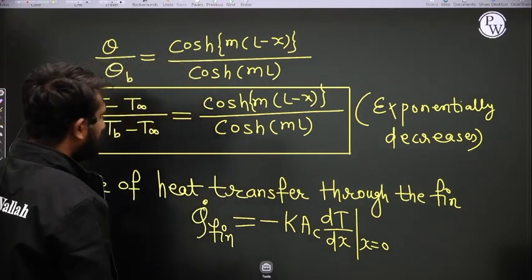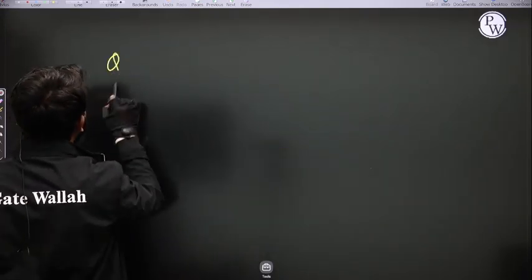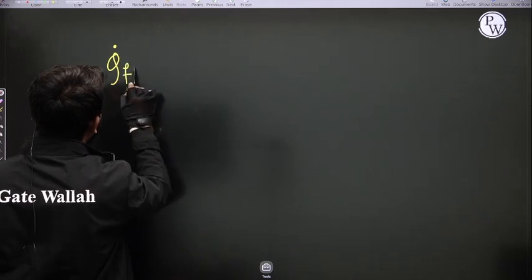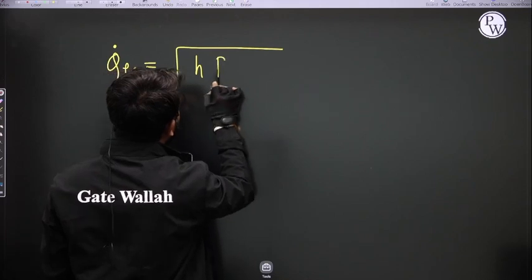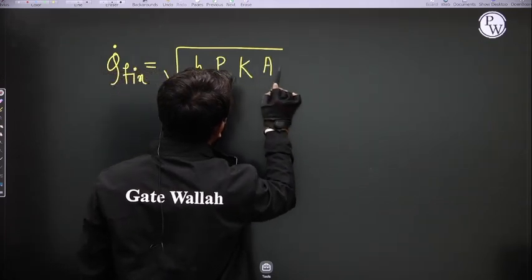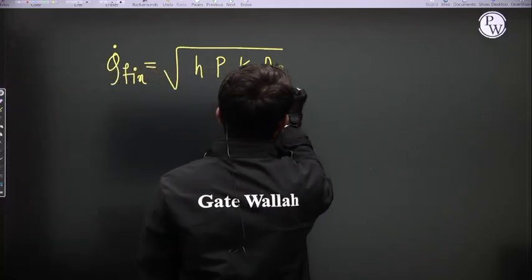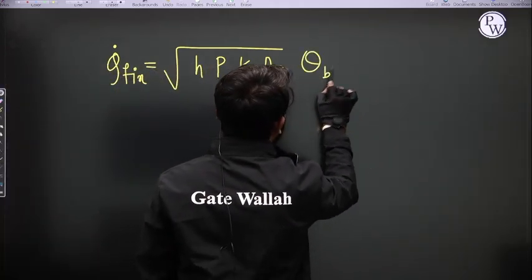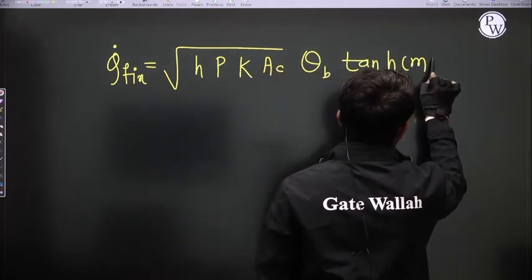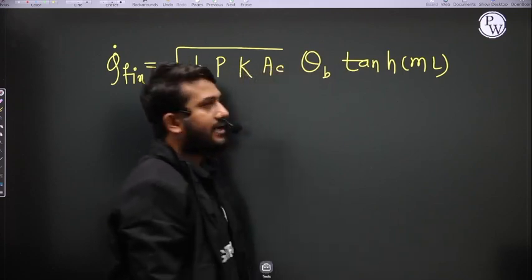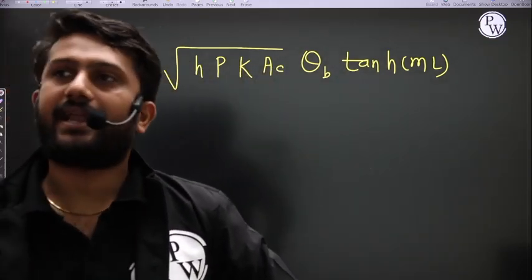Okay, so after differentiating it, what is the final expression for the rate of heat transfer through the fin? That I am writing directly. That is root over hPKA_c theta_b tanh mL.